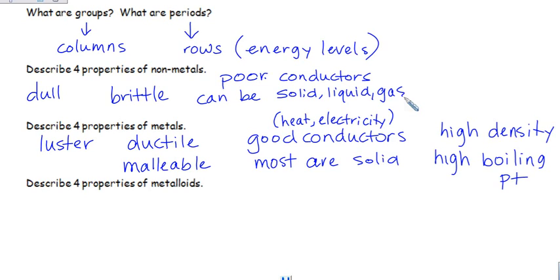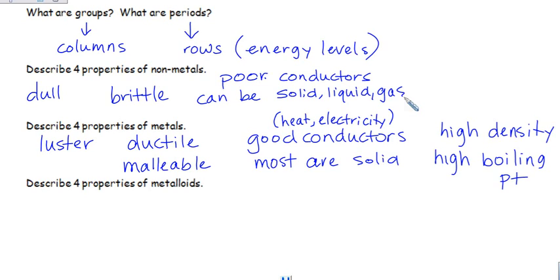If you look at the periodic table in the upper right-hand corner, that's where you're going to find nitrogen, oxygen, fluorine, chlorine, all your noble gases. A lot of nonmetals are gases. There are some, like your carbon and phosphorus and sulfur, that are solids. Bromine is the other element that naturally occurs in the liquid phase.